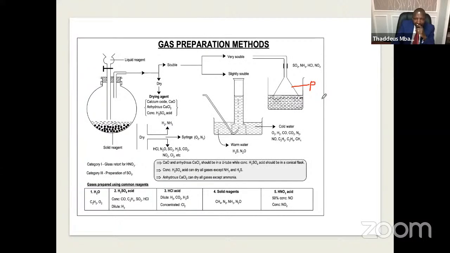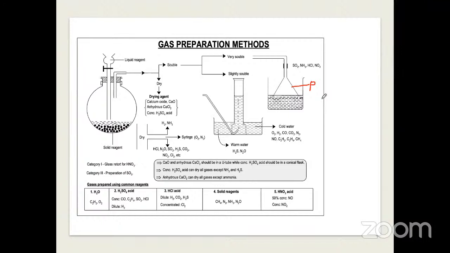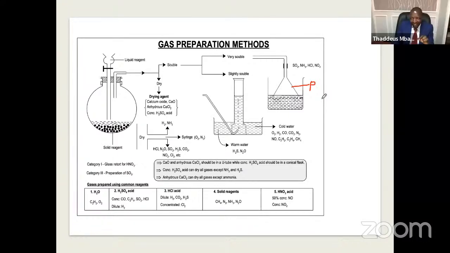A funnel. When you're told to name the apparatus, don't say inverted funnel. There is no apparatus that you learned in school that is called an inverted funnel. So the apparatus is simply called a what?